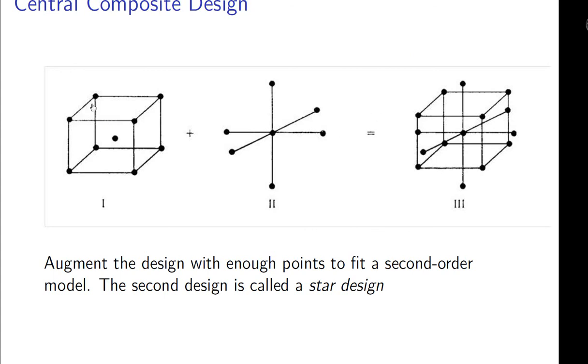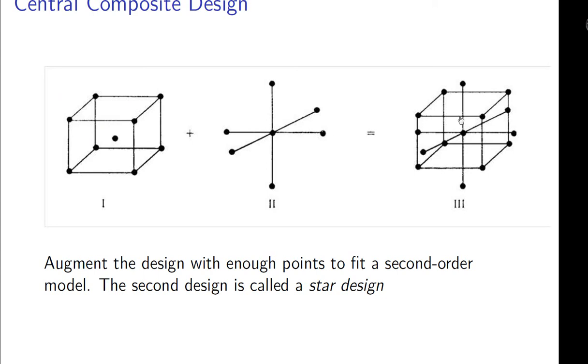You'll see here is the factorial design, and what may be a fractional design. You add the star center point plus additional points and form this central composite design. So, this is the same kind of diagram we showed that I called the face-centered design.